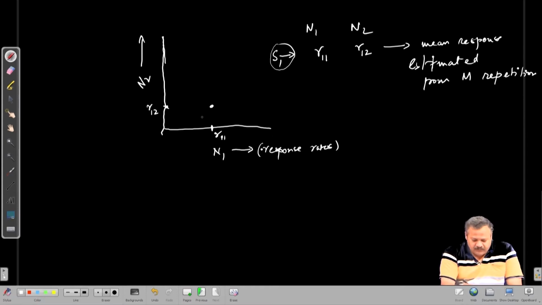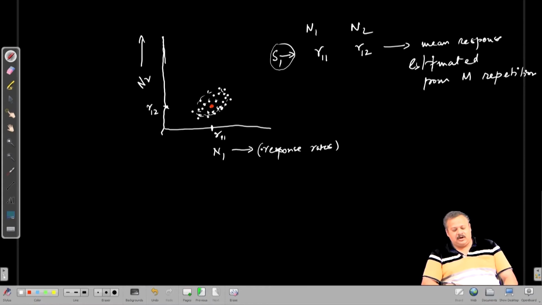So, this in red is the mean, and the white dots are the different repetitions.